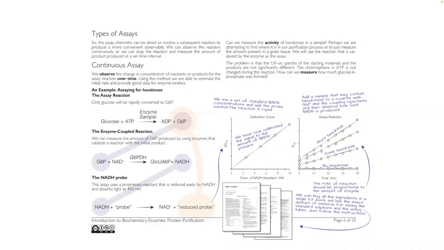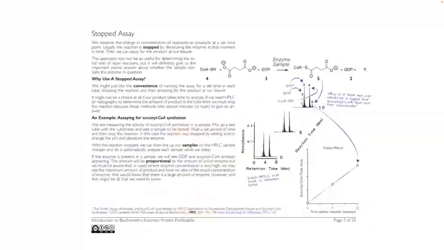So it really depends on what you're doing. So just remember, direct assay, you're just looking for the exact reaction the enzyme catalyzes. Coupled assay, you're doing subsequent steps after that to other chemistry, which tells you that the product is there. You could do it in a continuous fashion where you're watching the signal form over time. You could do it in a stop fashion where you stop the signal.